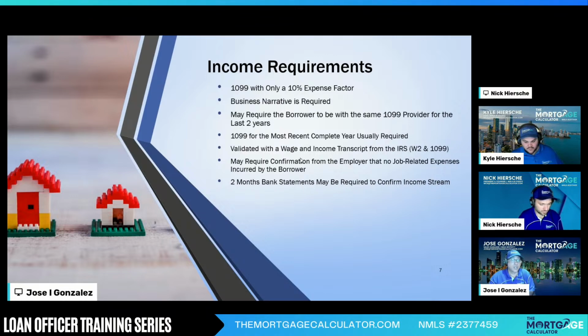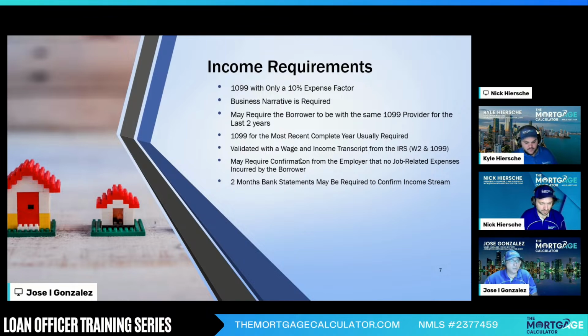Others, it's just the third party verification letter or business narrative letter by the borrower that states how they derive their income, the nature of the business, how long owning that business, percentage of ownership in the business, if they have any employees and stuff like that. Typically, with a 1099, there are not going to be any employees.